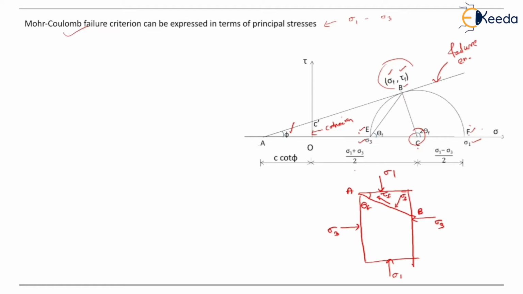If the equation is not satisfied, then failure will not occur in the soil element. The stresses on failure plane BE at failure are indicated by point B on the Mohr circle. So sigma f and tau f are the stresses on the failure plane.